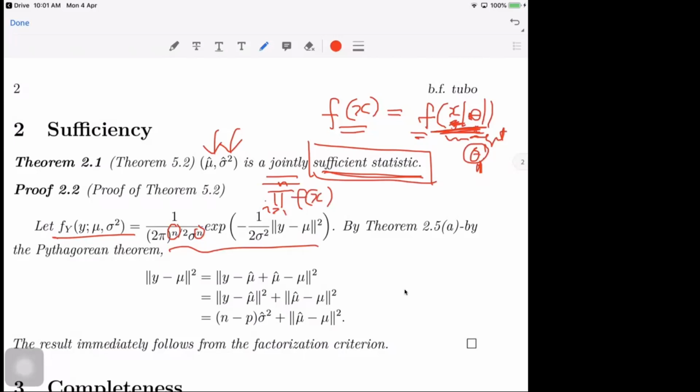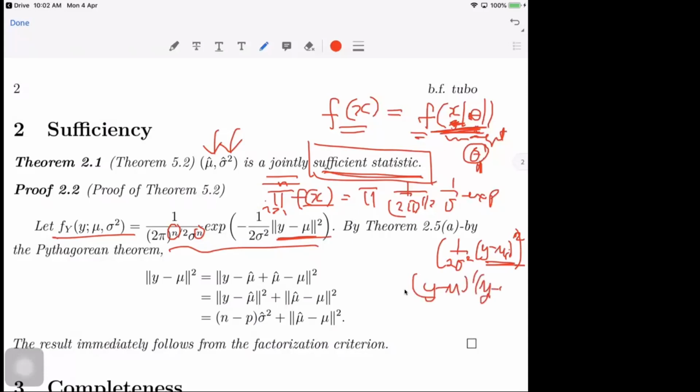So ang kada isa sa atong f of x kay ano ra man na siya? 1 over 2 pi raised to the 1/2, no? And then 1 over sigma. And then exponential of minus 1 over 2 sigma squared times y minus mu i squared, no? So kini sa univariate case. So kung imong i-product na siya for all, this square here will be a square norm na in terms of vector y minus mu prime and y minus mu.